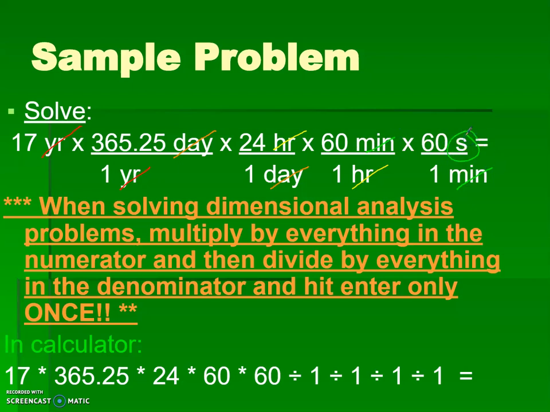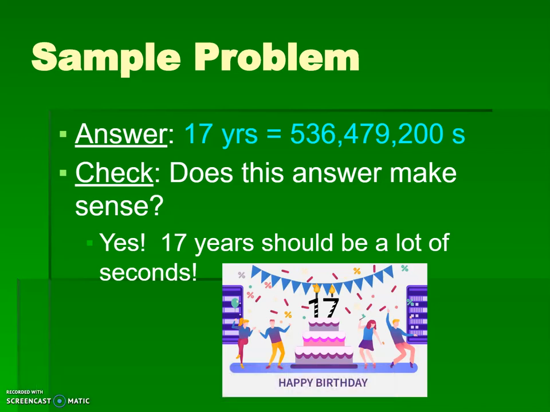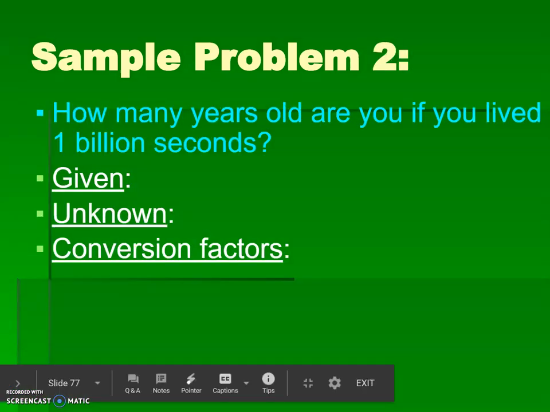And then you have your seconds that are left. Make sure that you solve each one like so. Put it into your calculator, and then you are going to see, voila, you end up having your 536,479,200 seconds.